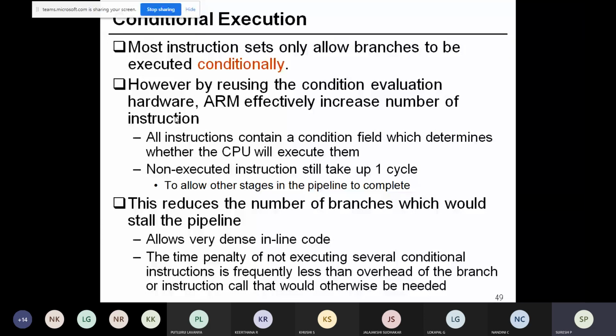Any answers from your side? Do you remember the 4 flags we have in the CPSR, the Current Program Status Register? What are the different 4 flags we had?